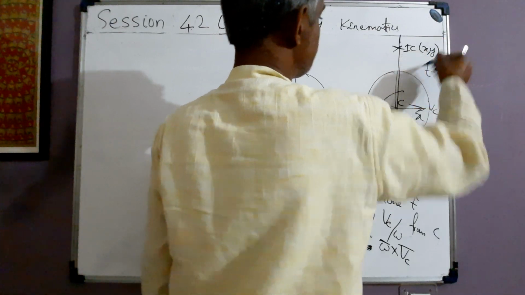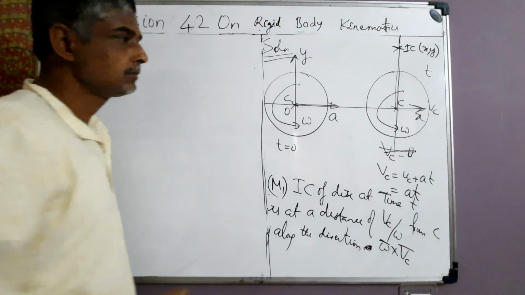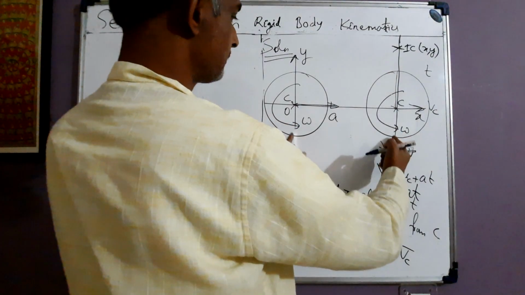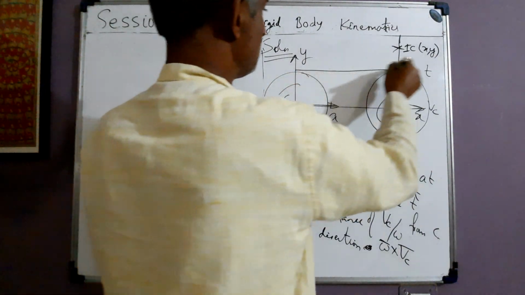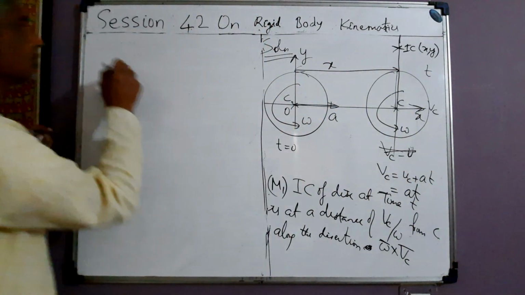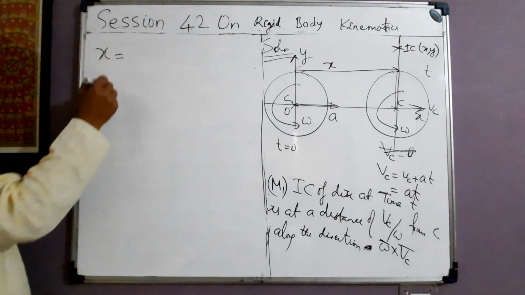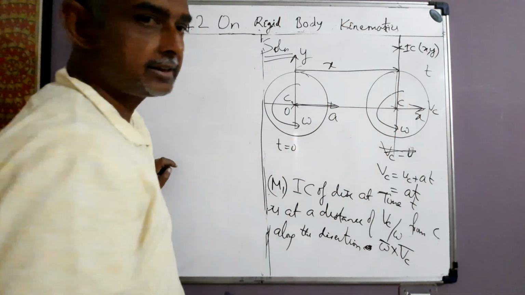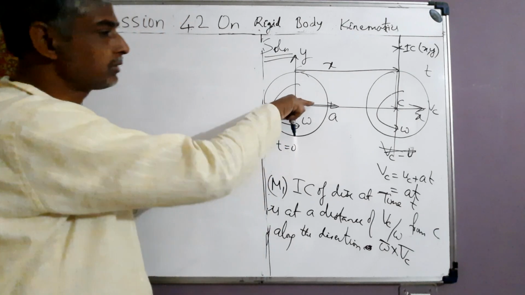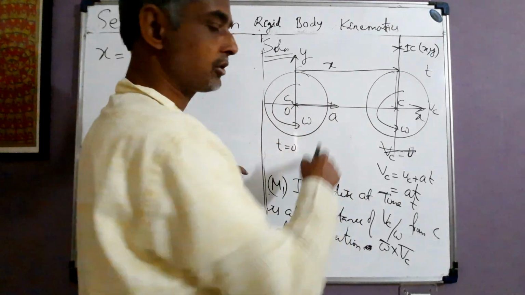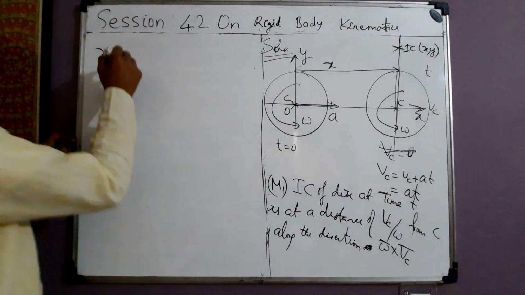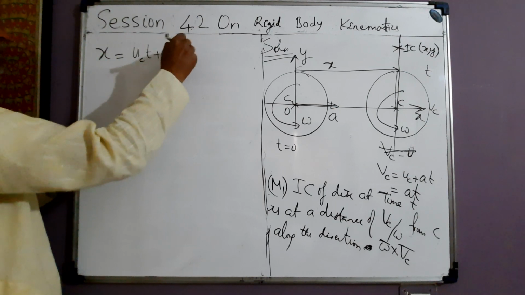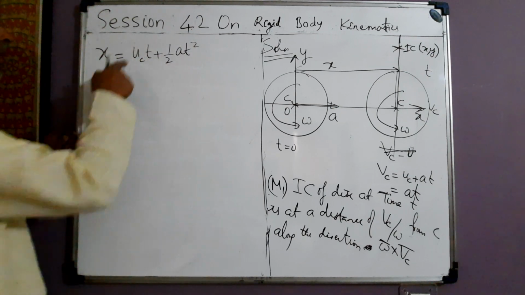Coordinates of IC of disk at time t are assumed to be x comma y. So from this we see x coordinate of IC of disk will be this distance. X coordinate of IC of disk at time t is just the x coordinate of center C of disk at time t. But center is moving along positive x axis with constant acceleration a starting from rest. So x is equal to uc t plus half at square.